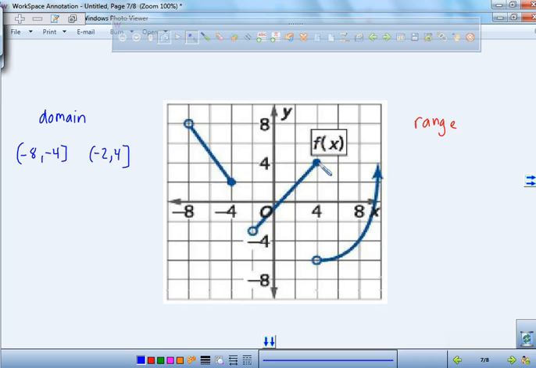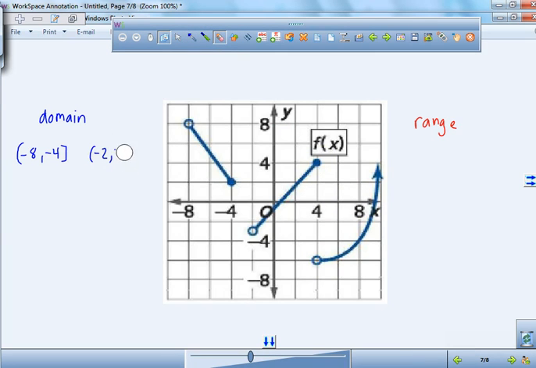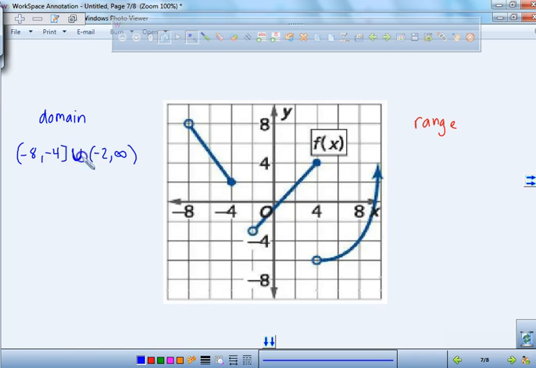Well, wait a second. It's including that number, but 4 is not where it stops. So you'll notice right here, it actually continues. Since it doesn't stop at 4, it continues on from 4, I actually get to say it goes forever to infinity. Now, how do I combine those? You have to put a symbol called a union symbol.